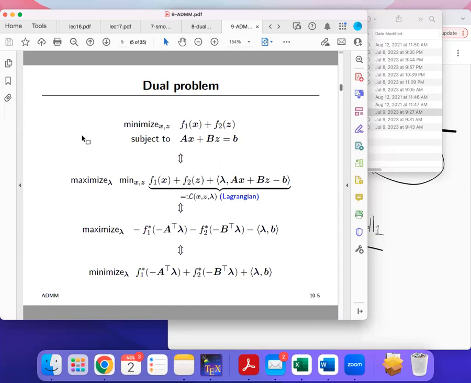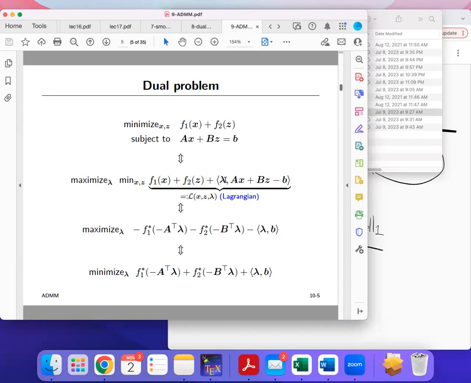So let's first look at how we reformulate the problem. So again, we formulate this dual formulation, which is basically the objective function value plus this linear term.